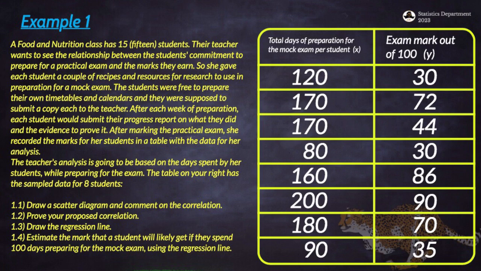But this investigation, we won't call it an experiment, is a bit off in terms of some constants that we would need to ensure a perfect relationship between the two. Otherwise, other factors might kick in that may distort the effect of the relationship between the variables that we are looking at, which are the time and the mark out of 100.